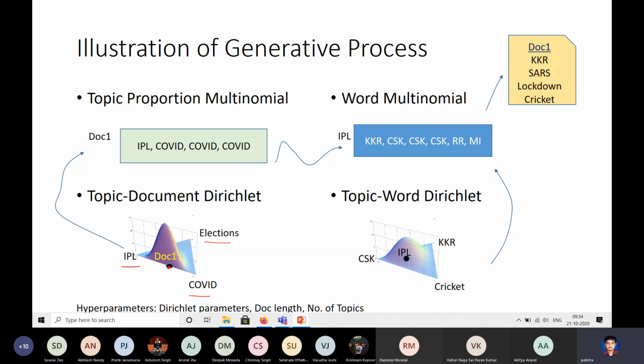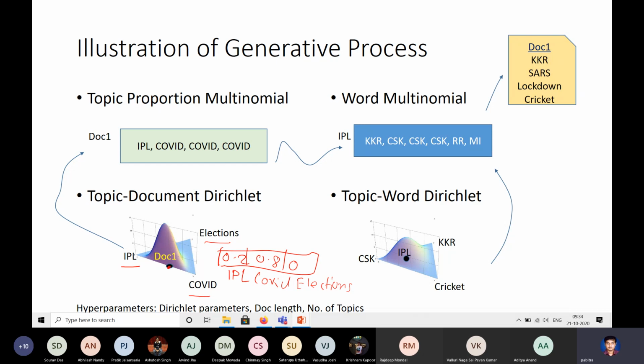So doc1 would be something like 0.2, 0.8 and 0.